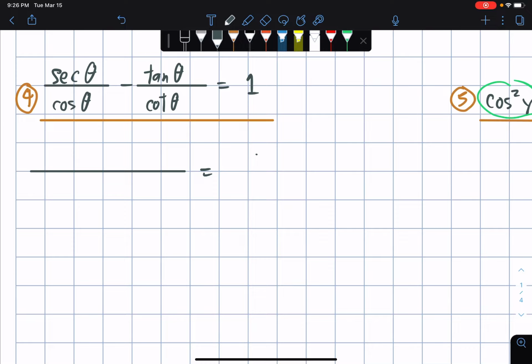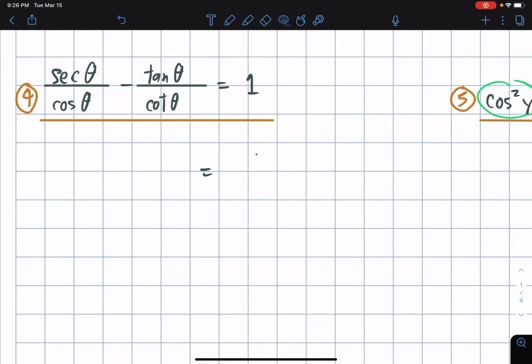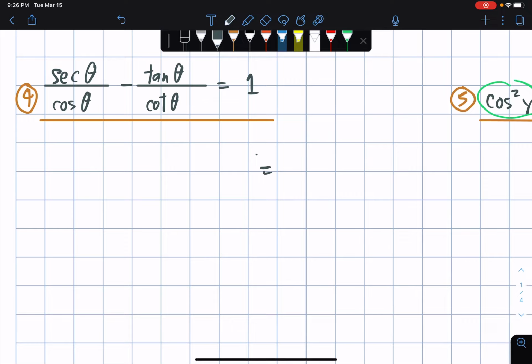Okay, before we even find the common denominator in the left side, I think it's necessary to transform the values that are not sine or cosine into sine and cosine. This is what I previously said in the previous video.